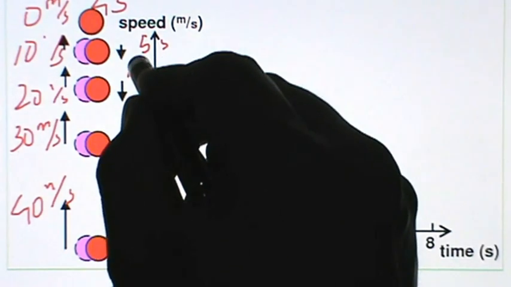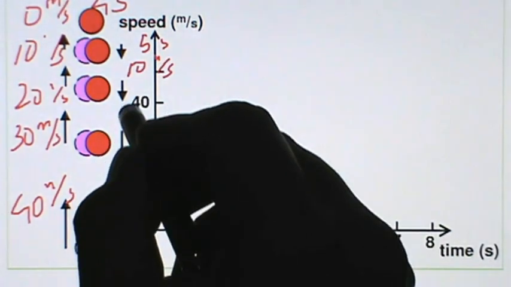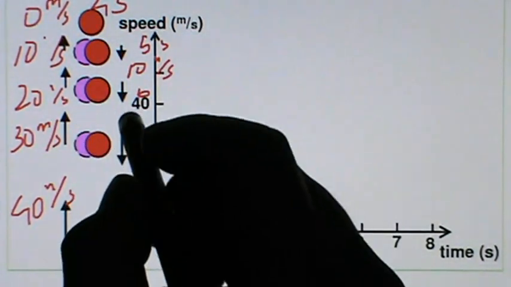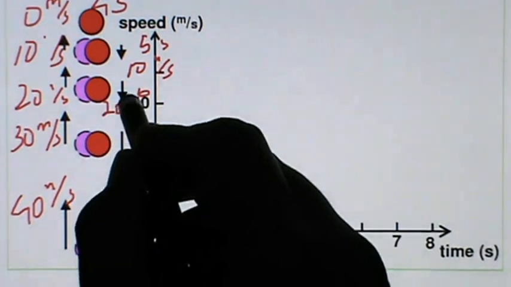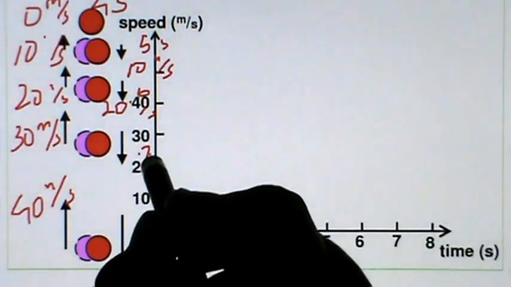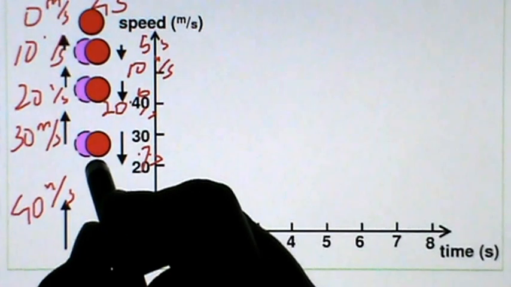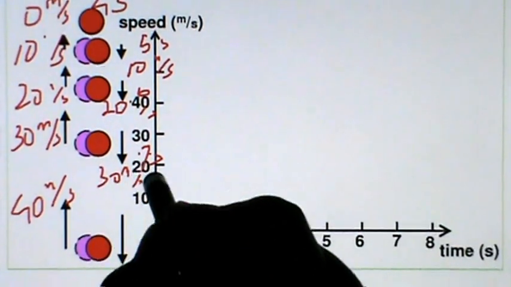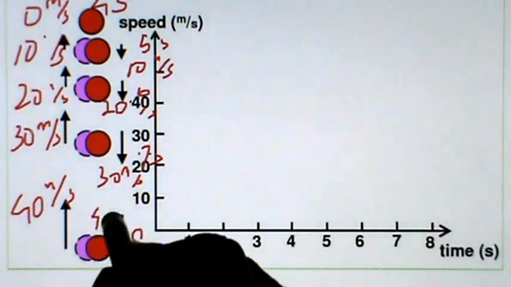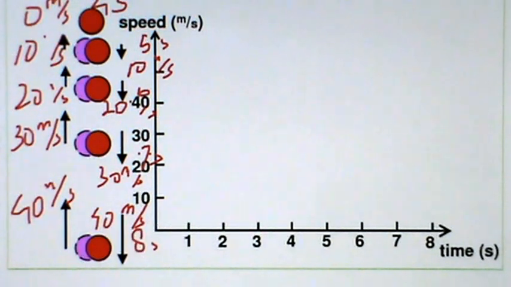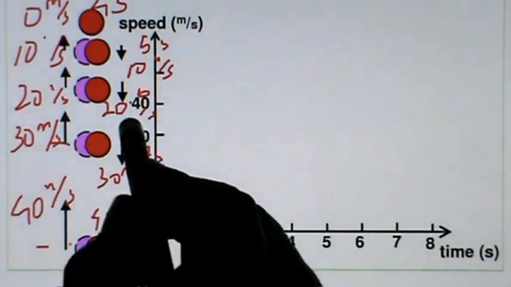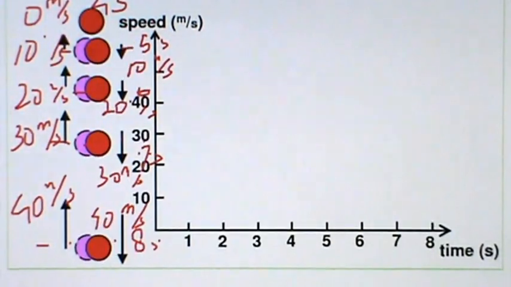So the speed here will be 10 meters per second, and then at 6 seconds, or 2 seconds after the highest point, it will be 20. After 3 seconds from the highest point, or 7 seconds, the speed will be 30. And finally, at 8 seconds, the speed will be 40 meters per second. So basically, the speeds at the same position are the same.